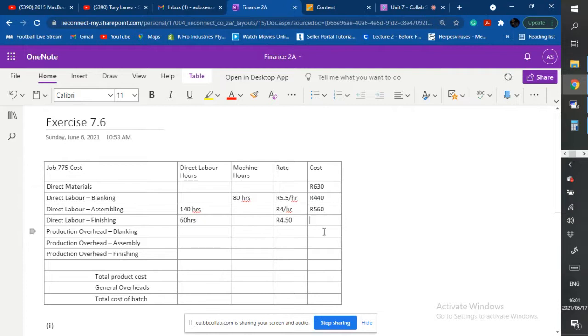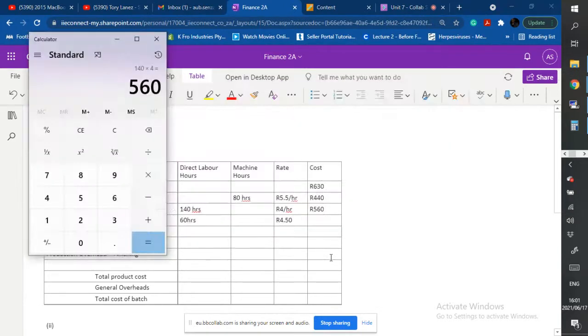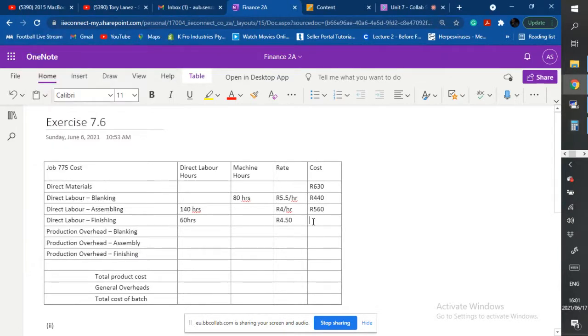Okay, and then here we have 60 times 4.50. Okay, we have 470. I mean 270.